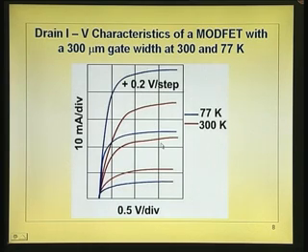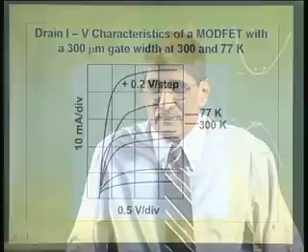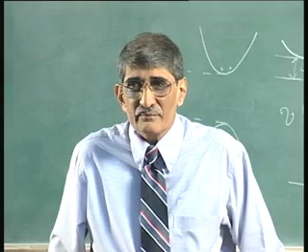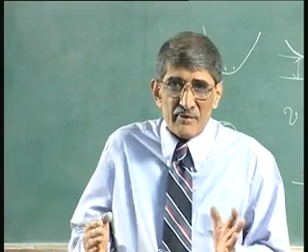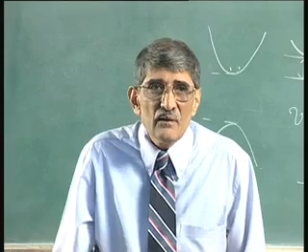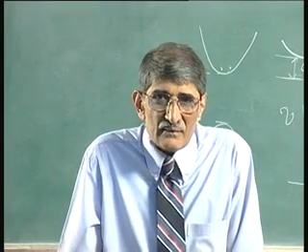What we are telling is that the change in current at 77 degrees Kelvin is more than the change in current for the same change in voltage at 300 Kelvin. What is the reason? The reason is what we have been telling all along: mobility is higher at lower temperature.